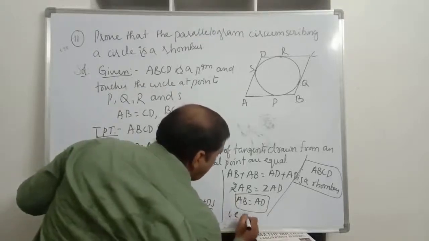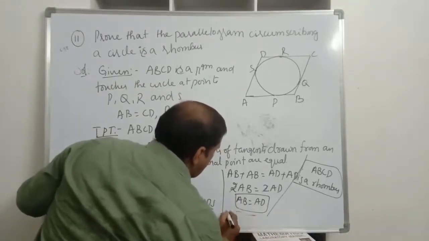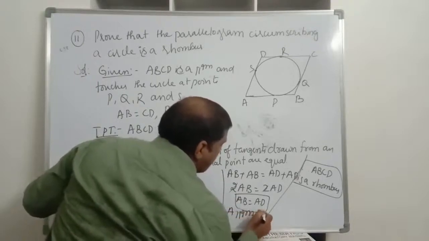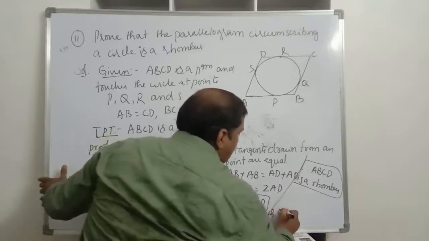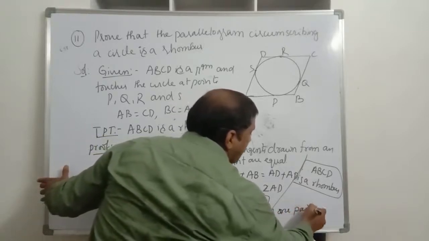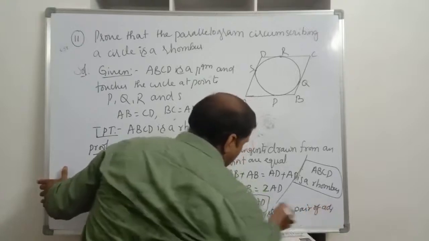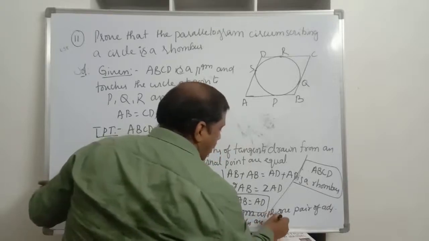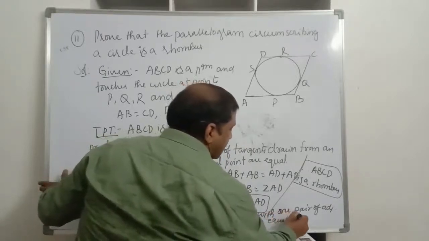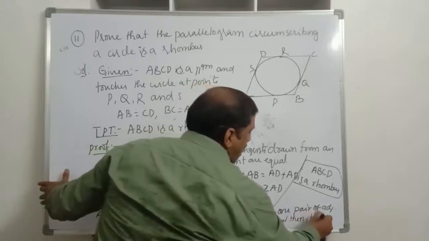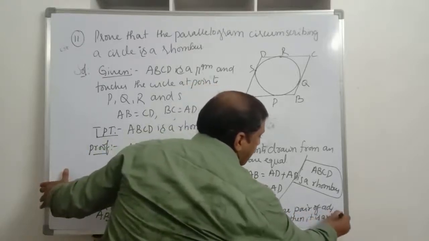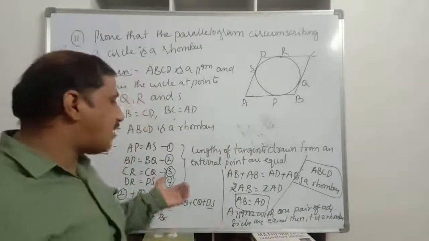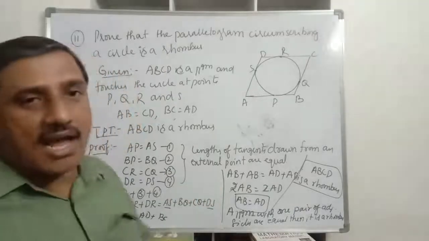A parallelogram with one pair of adjacent sides equal is a rhombus.